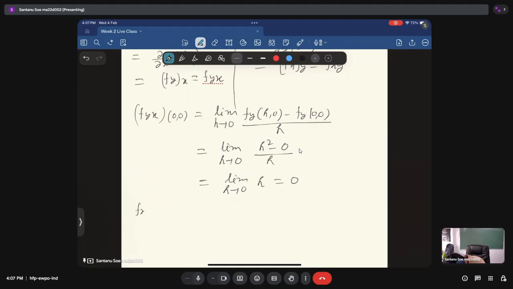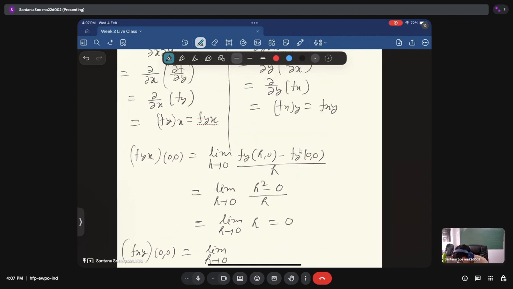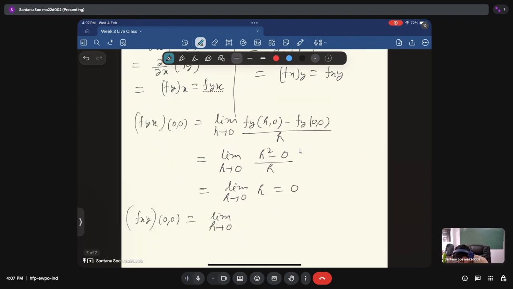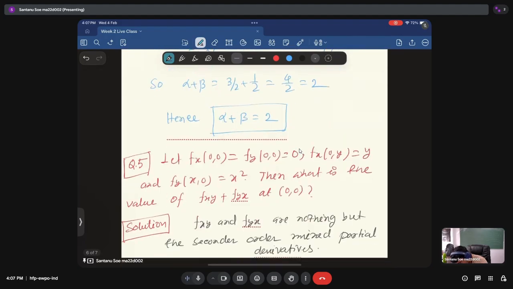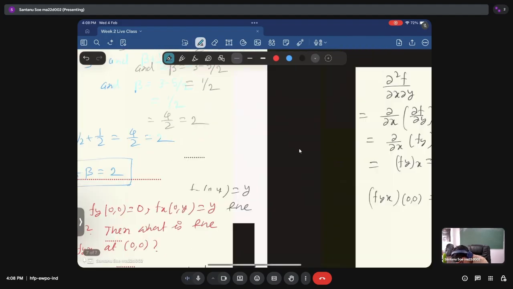Similarly, fxy at (0, 0) is same as doing the partial derivative with respect to y of the function fx. So it will be fx of (0, h) minus fx of (0, 0) divided by h. Now we have seen that fx of (0, y) is given by y.